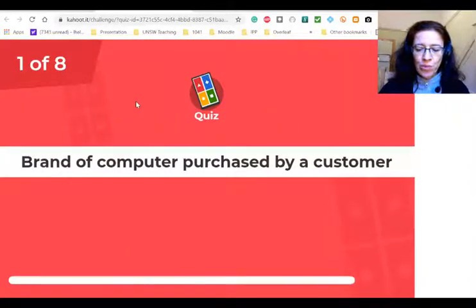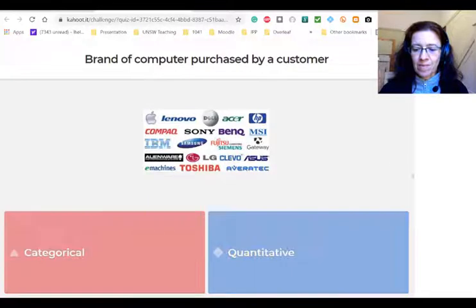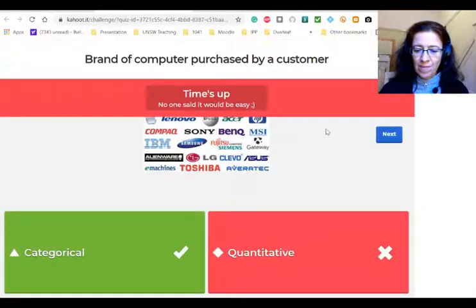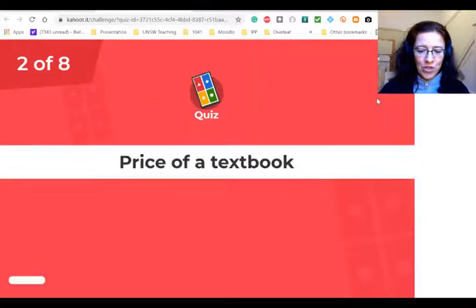The brand of computer purchased by a customer. Is that categorical or quantitative? Well, when there are no numbers, you don't really need to think very much. If there are no numbers, then it's going to be categorical. Question 2.